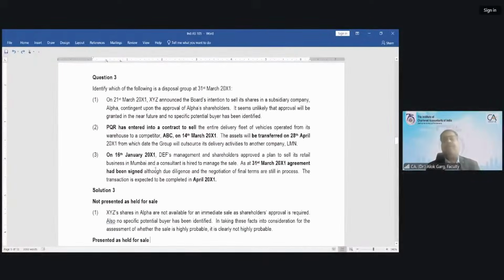Question number 3. Identify which of the following is a disposal group as at 31st March 20x1. Just a minute, friends.